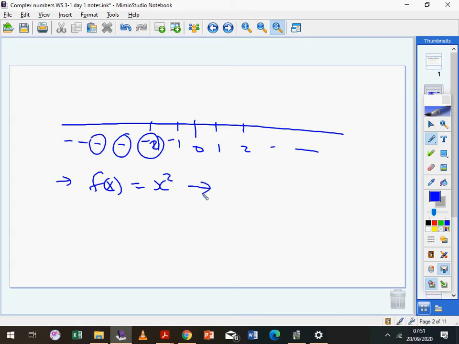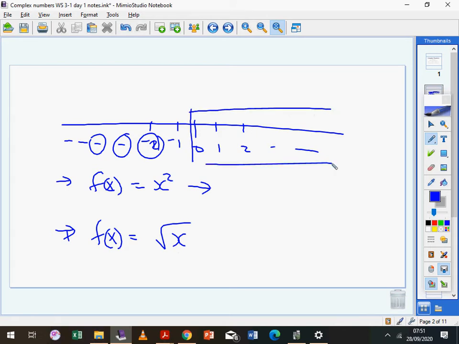However, all those numbers do not obey this function, f of x is equal to the square root of x. All the numbers from 0 onwards on the positive side of the number line will obey the square root function. But all the numbers on this side of the number line do not obey the second function, which is square root of x.